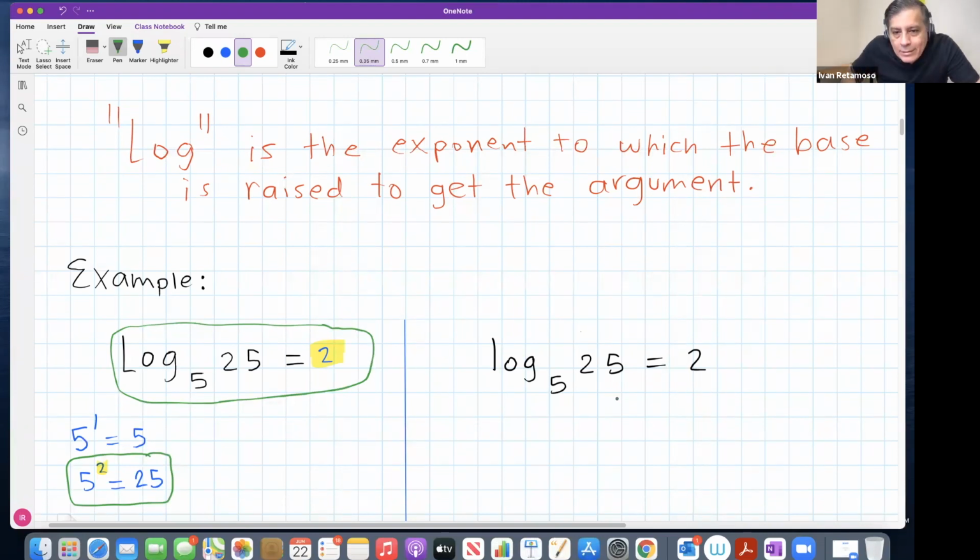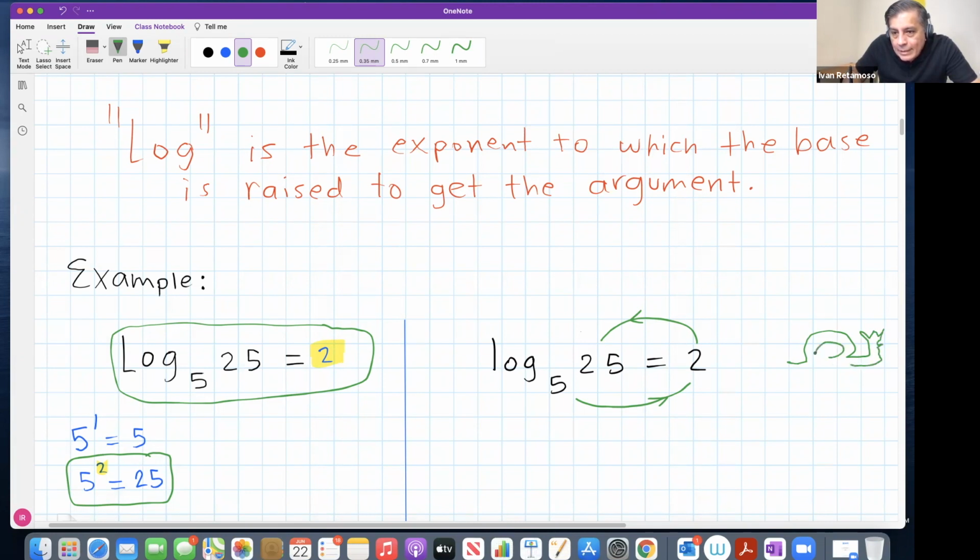There is this mnemonic device called snail it. Snail it, professor? Well, it's because you do this: 5 raised to 2 equal 25, the argument. This resembles somehow the shell of this animal called the snail. The shell.